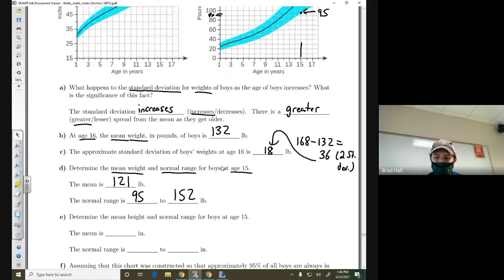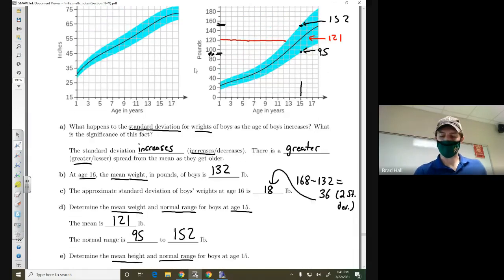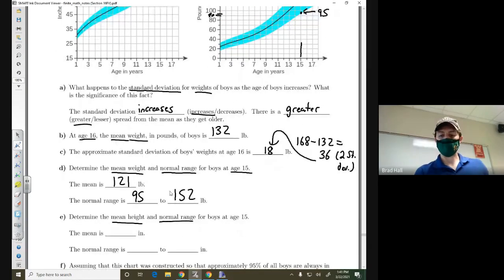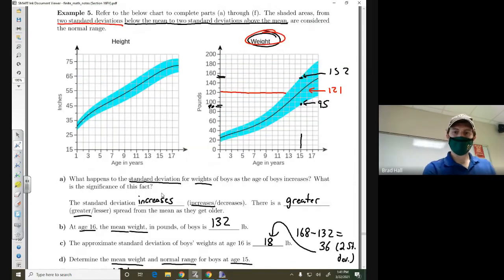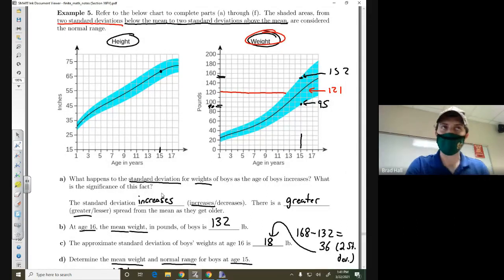Let's go from there. So now we're going over to heights. So now we look at the mean height and normal range. So we look at a whole new graph. Hopefully we get some more exact values at age 15. So same thing, different chart. Height, age 15. So bad news is we still have to interpolate.